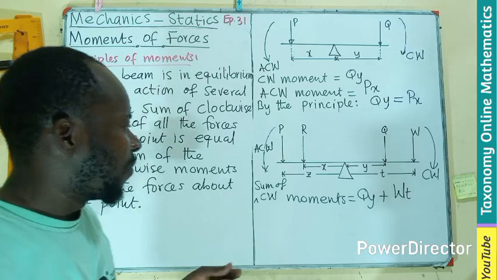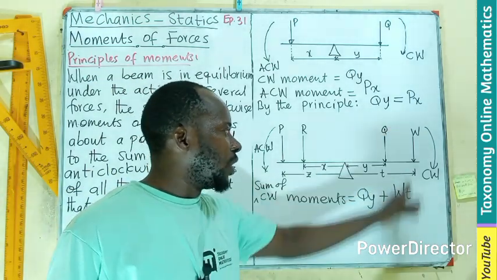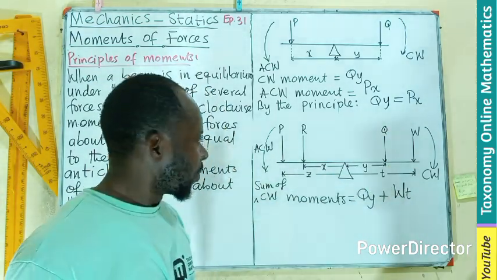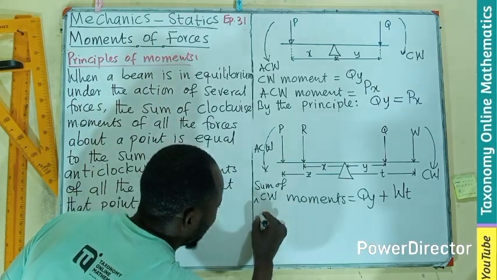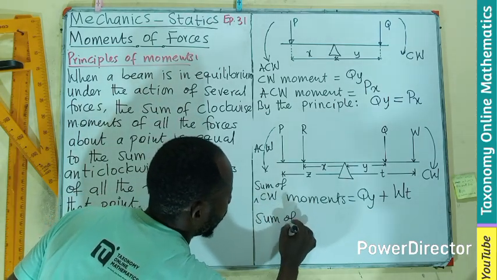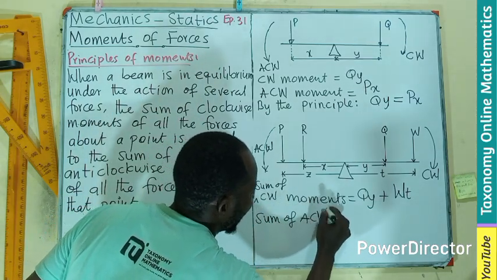All right. So if I find the sum, I am having all of them going downward. Good. Let's see the sum of anti-clockwise direction moment.